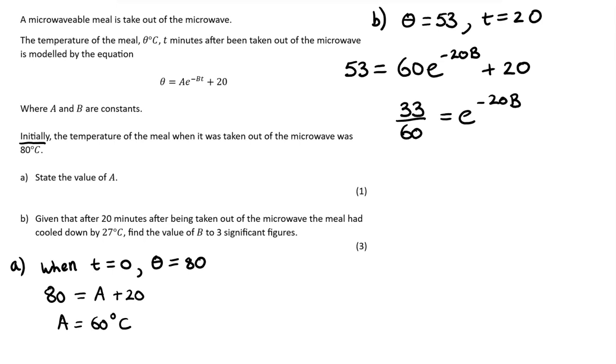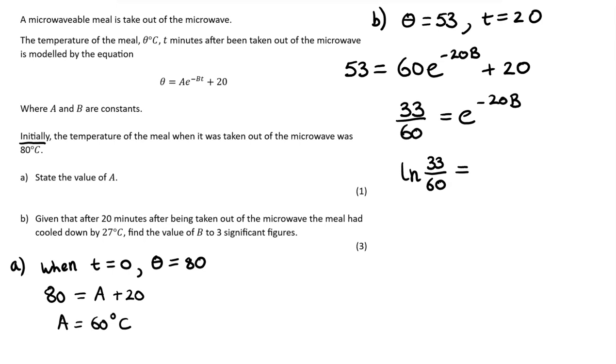Now what I can do is introduce natural logarithms, as we mentioned. When I take natural logarithms, I need to do this to both sides. So I'd have natural log of 33 over 60. And when I take the natural log of e to the power of a number, it just becomes that number, because natural log of e to the power of x is just x.